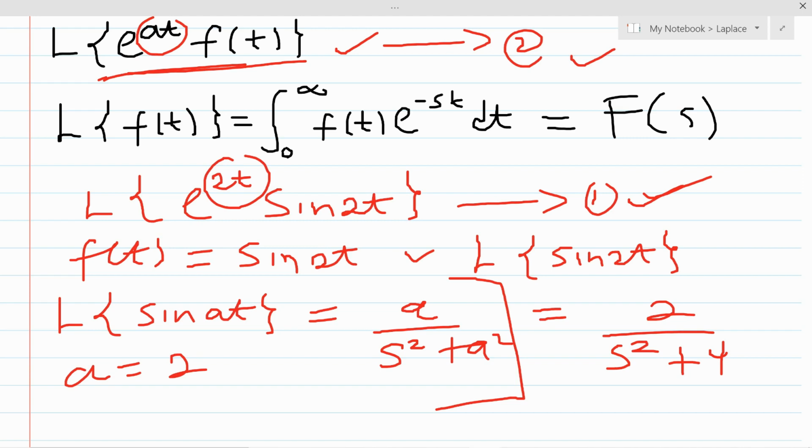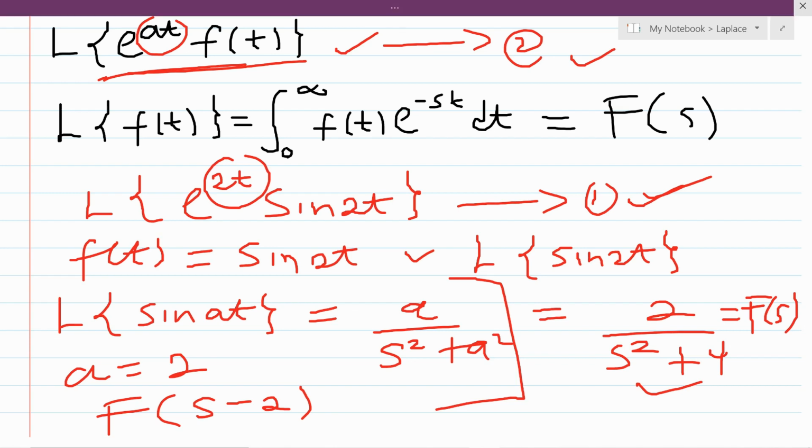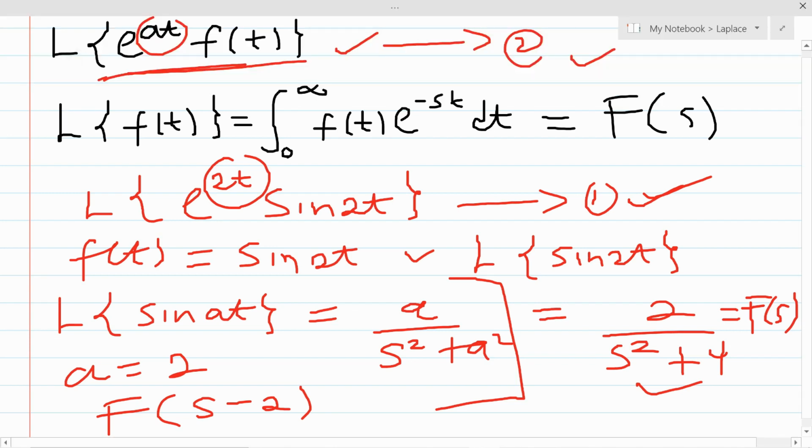Now, we said this is equal to our capital F of s. So to find the Laplace of the whole of e to the power 2t times sine 2t, after finding this, we find capital F of s minus 2, because our a is 2. So let's quickly erase it and find it.